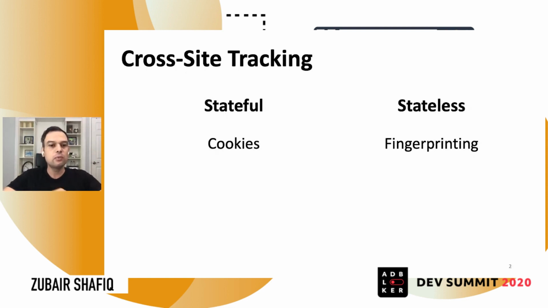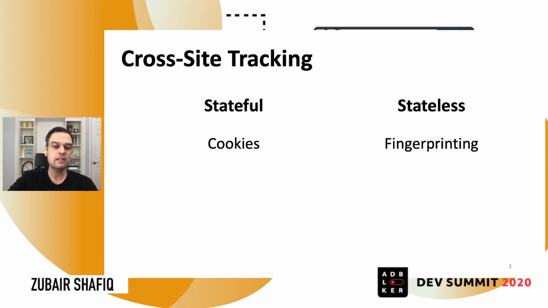In fingerprinting, a remote server gathers distinguishing information about the browser or the device without needing to store any state at the client side. This is what distinguishes fingerprinting from traditional cookies, that there is no need to store any state at the client side.